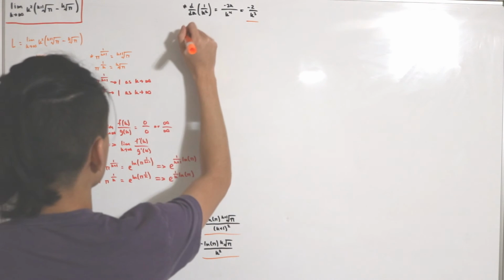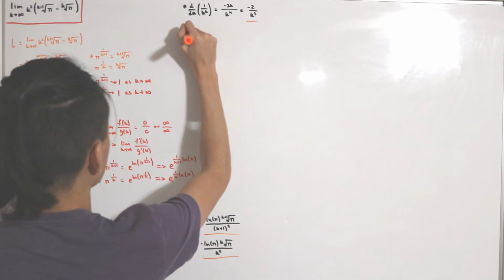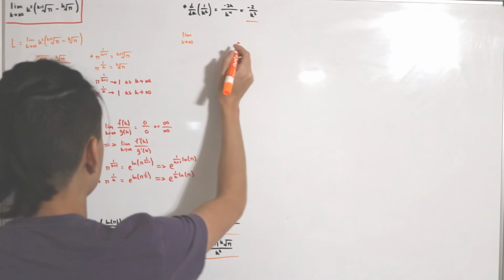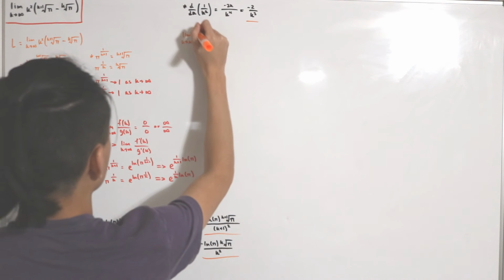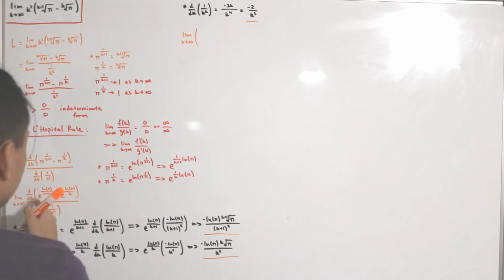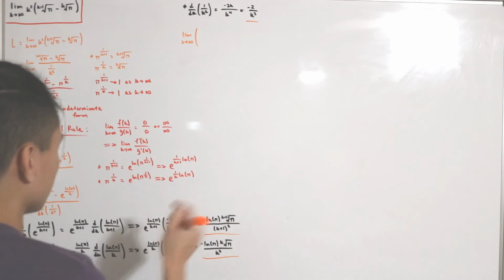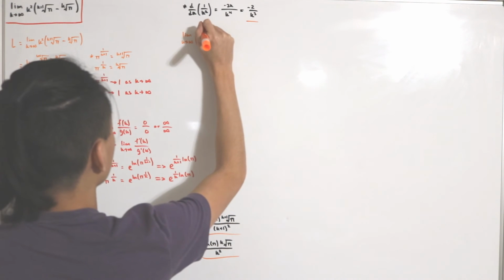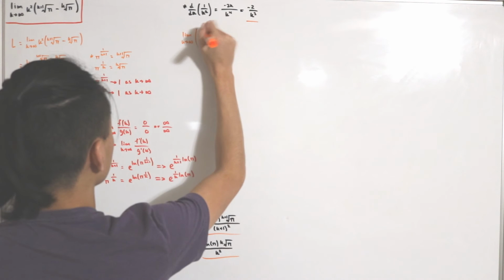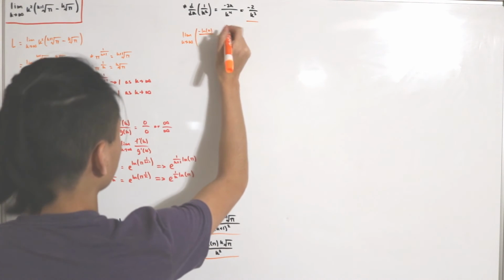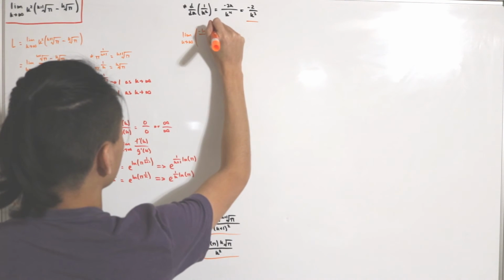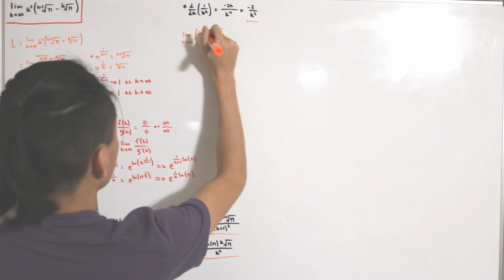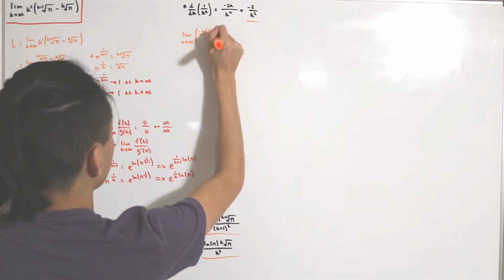So this is the limit as k approaches infinity of, so this is the derivative from here, so this is the natural log of pi multiplied by the k plus 1 root of pi and divided by k plus 1 squared.